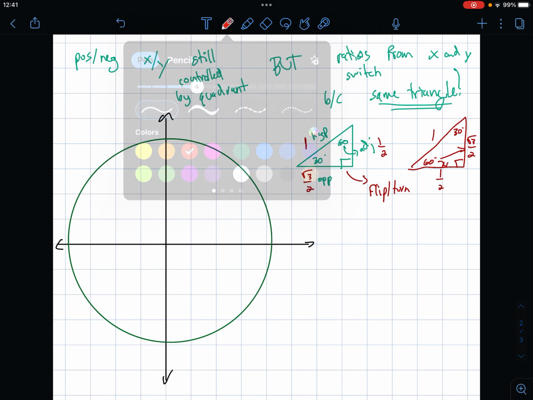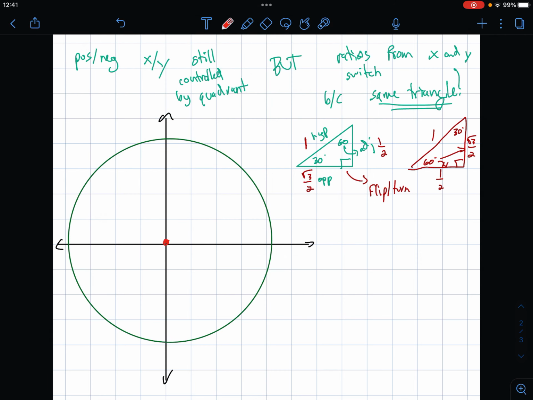So let me draw a reference angle, and let me draw this quadrant 1 angle in standard position of 60 degrees, aka pi/3 radians. Okay, so here's 60 degrees, or pi/3 radians. And based on that, I'm positive, positive.